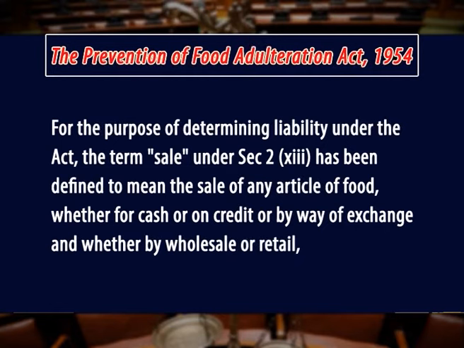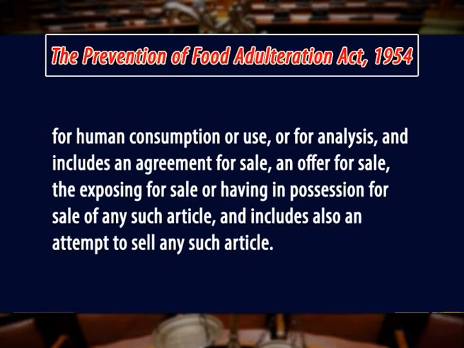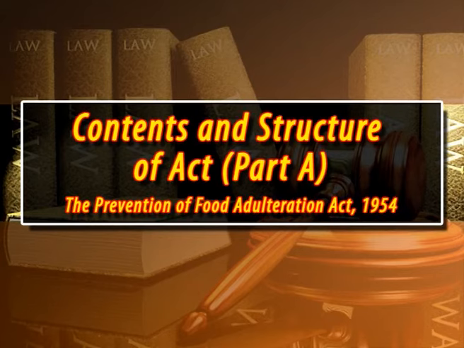For the purpose of determining the liability under the Act, the term sale under section 2(13) has been defined to mean the sale of any article of food whether for cash or on credit or by way of exchange and whether by wholesale or retail, for human consumption or use or for analysis, and includes any agreement for sale, an offer for sale, the exposing for sale or having in possession for sale of any such article, and includes also an attempt to sell any such article.